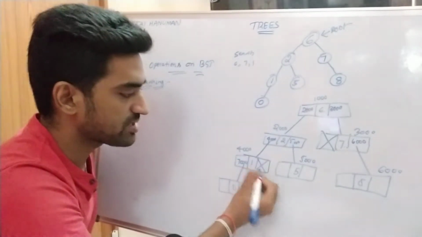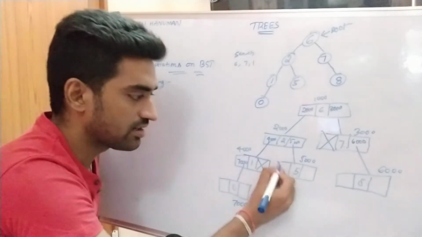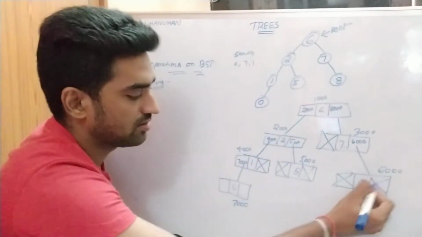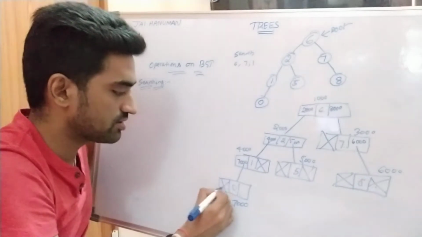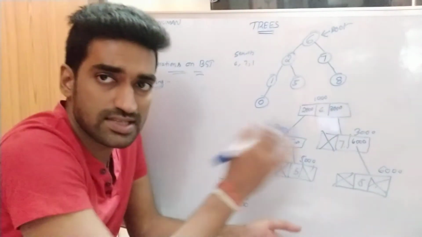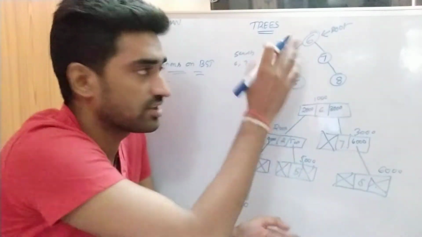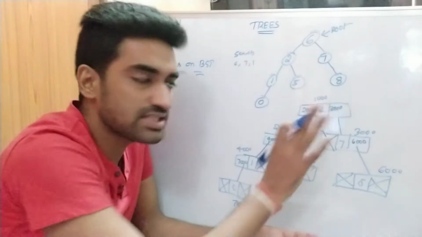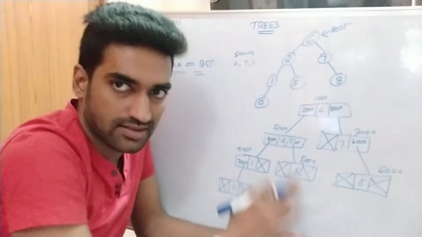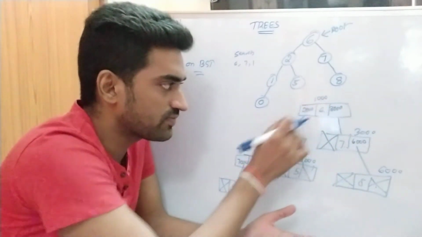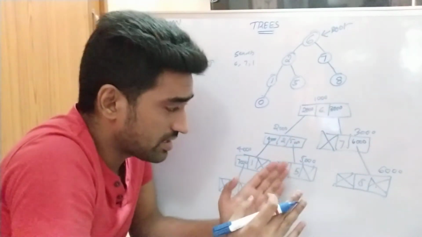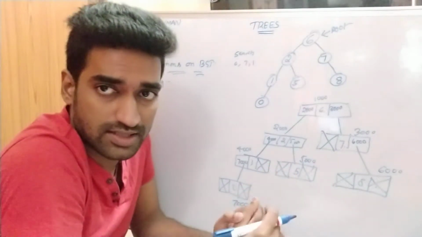Here no node is present, so that's why we simply place null. Nodes with no children simply hold null values, right? So this is the double linked list representation for this tree. Each and every node contains three parts: the data part, the left address part, and the right address part. The left part represents the address of the left node, and the right part represents the address of the right node, right?